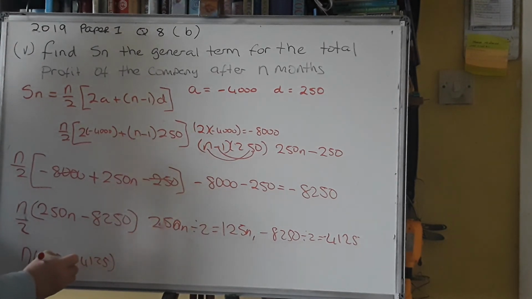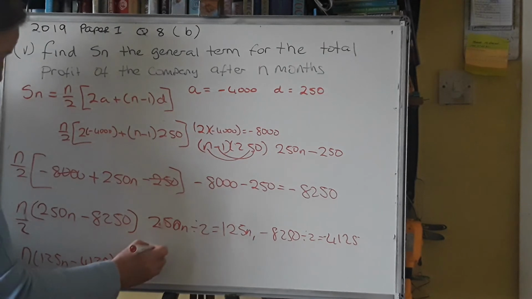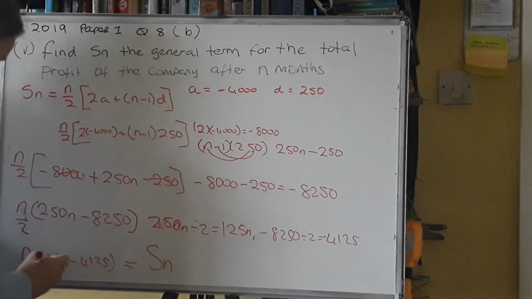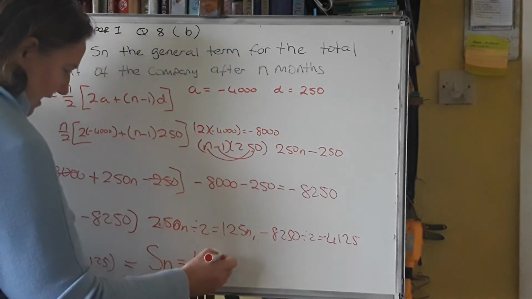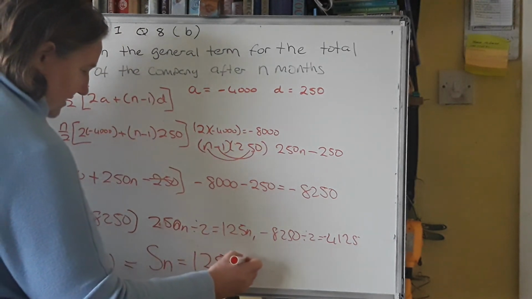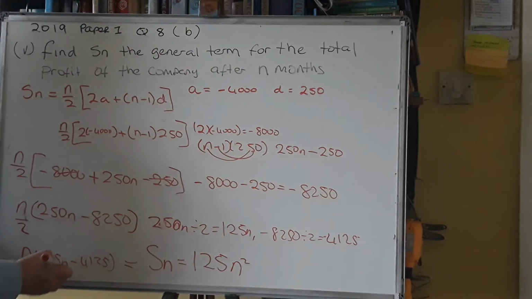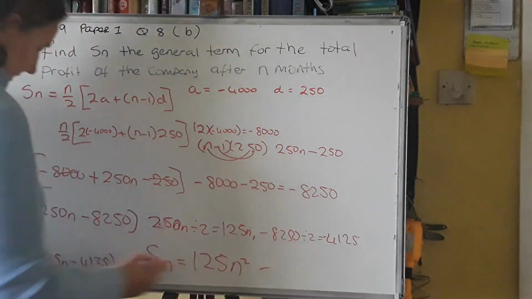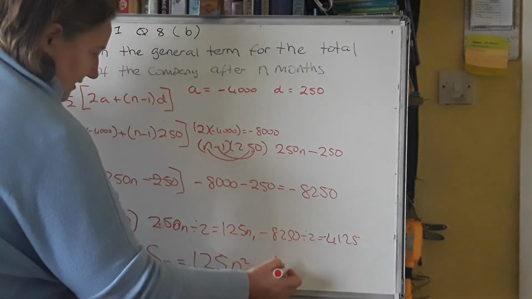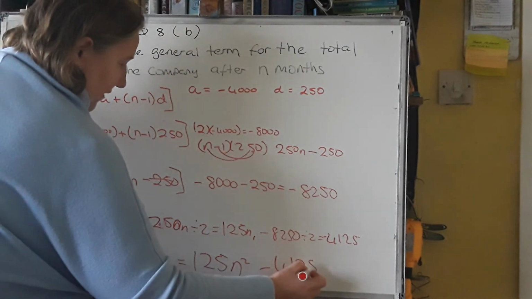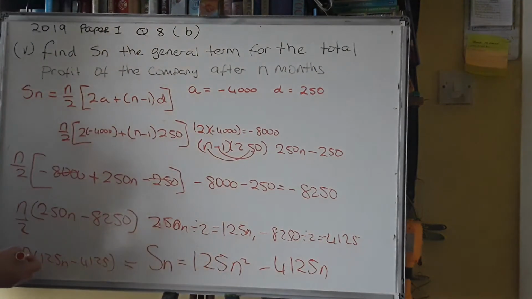So multiply both of those by n and you end up with your Sn equals 125n squared, because n by n gives you n squared, minus 4,125n, because the n by the 4,125 gives you minus 4,125n. Okay, and that's how you do that question.